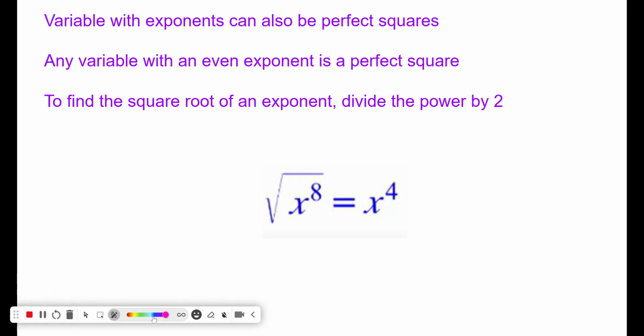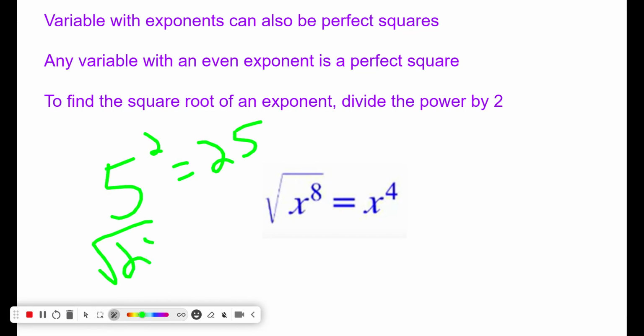One way that I like to think about this is we know that 5 squared equals 25, and we know the square root of 25 equals 5. So if we were to say something like the square root of 5 squared, okay, what's happening here? We are going to eventually square root it, and it's being squared.